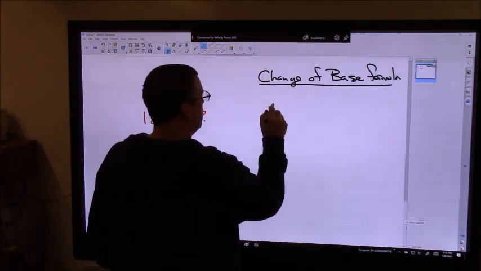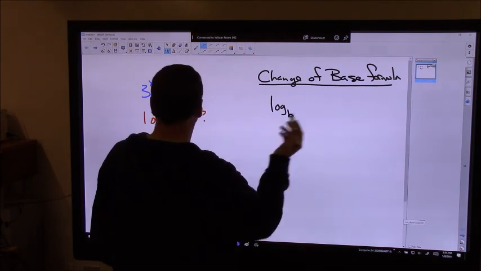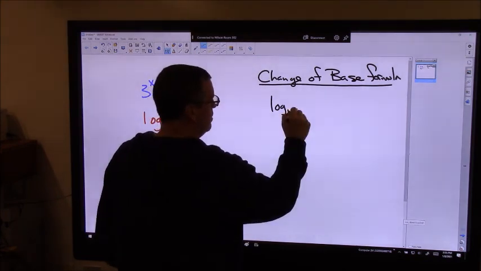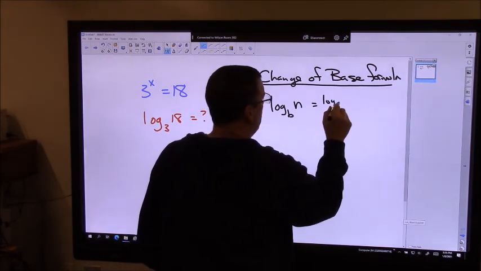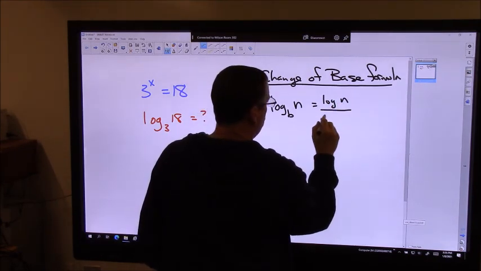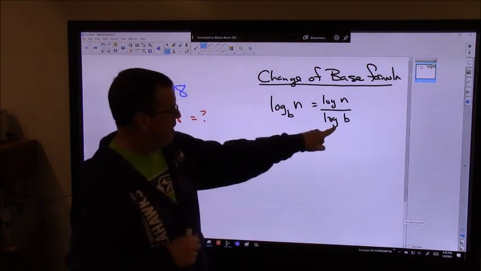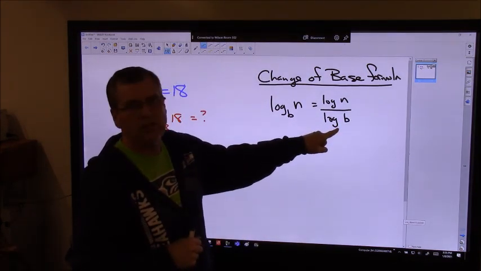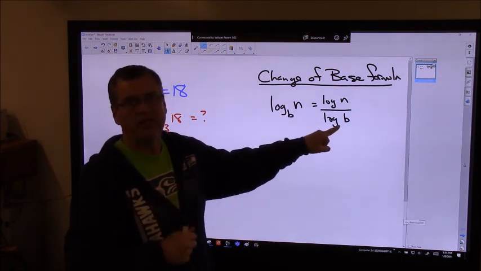So the log base b of some number, I'll just call it n, is equal to log of n over log of b. And remember, I told you guys if we don't write the base in here, it's understood to be base 10, right?